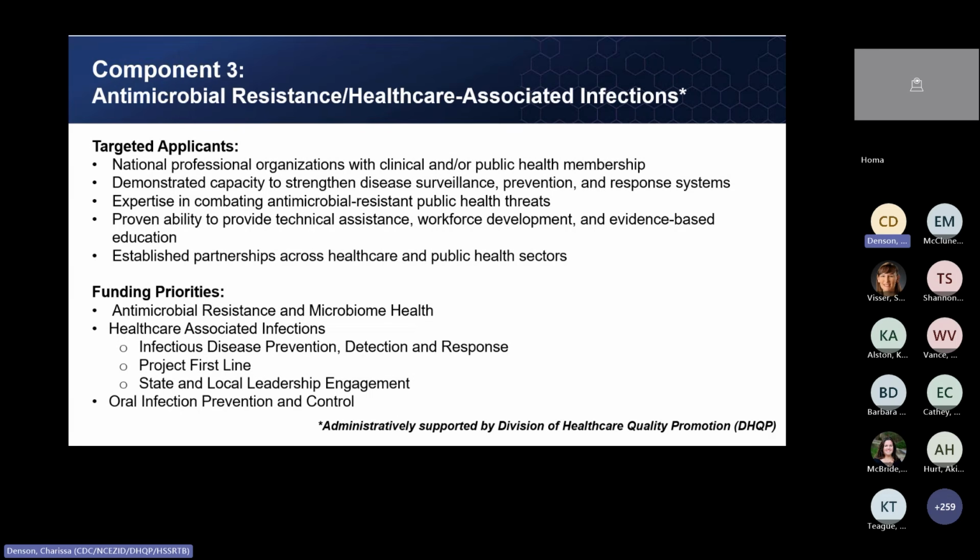NHSN is transforming healthcare surveillance by using fast healthcare interoperability resources, or FHIR, to identify and track serious adverse events in hospitalized patients, accelerate improvements in patient safety, and reduce harms and death.